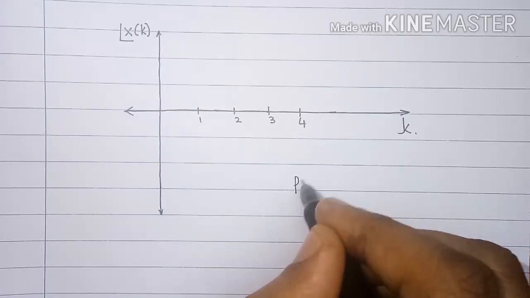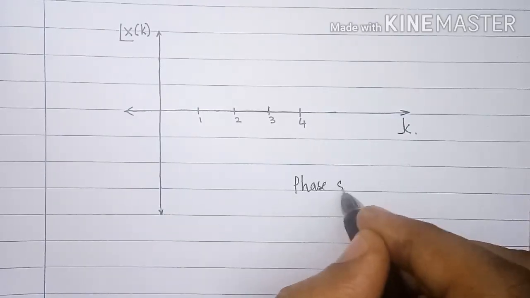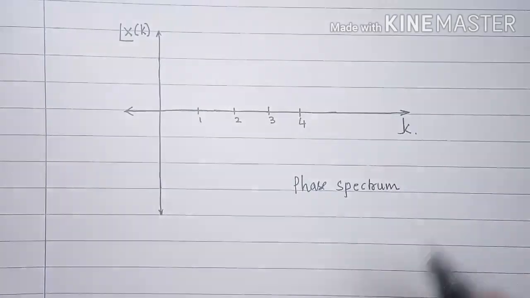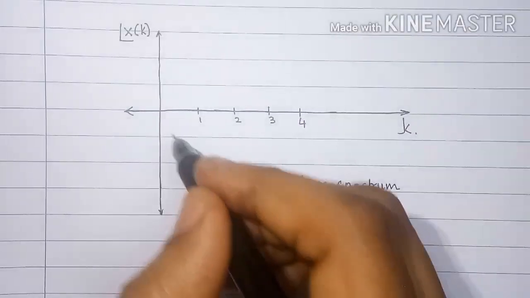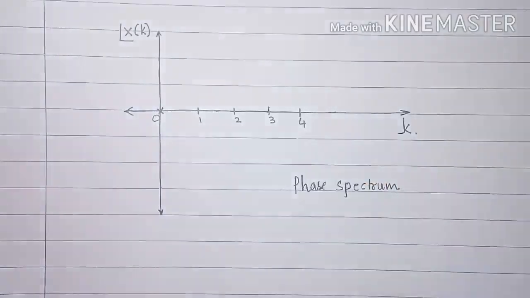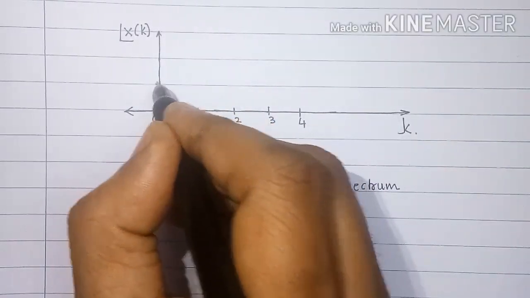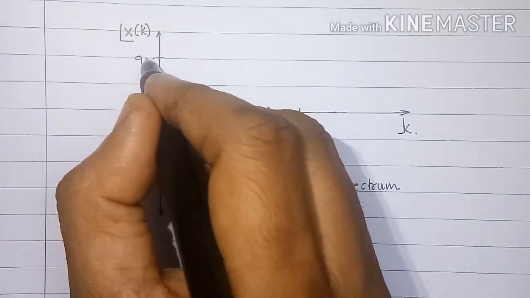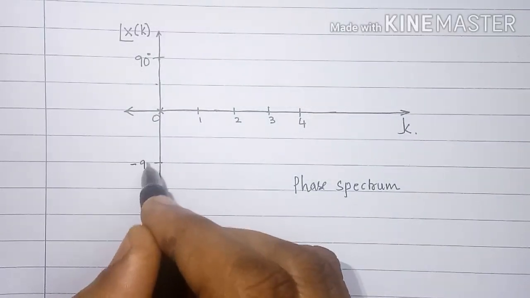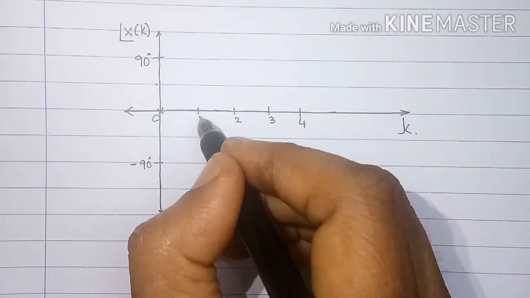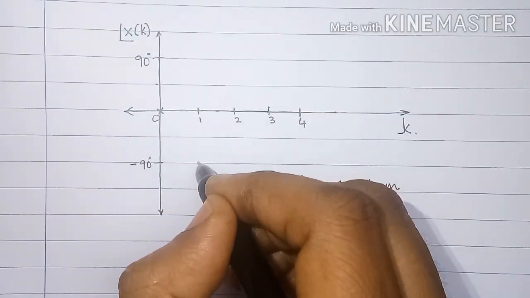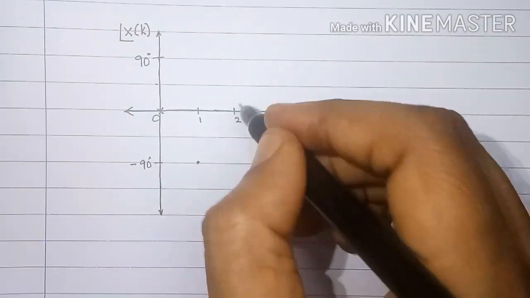Now we will plot here phase spectrum. For k equal to 0, angle is 0. For k equal to 1, angle is minus 90 degree.